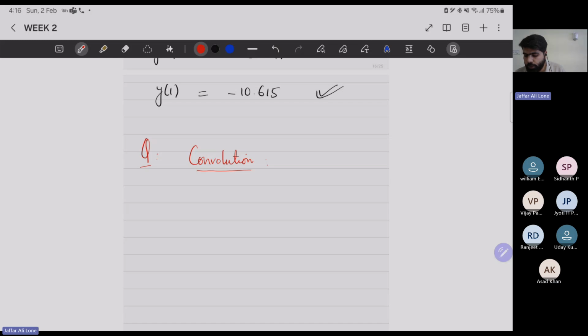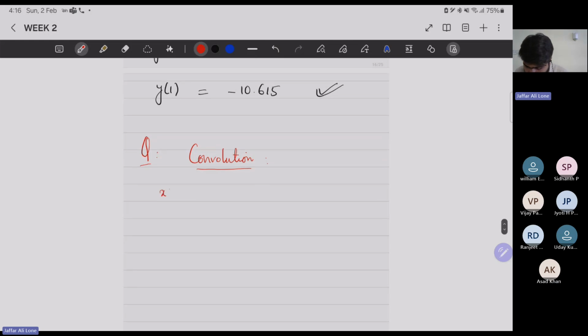It measures the overlap of one signal as the other signal is shifted over it, right? But I'm not going into that. I'm just interested in the property of this convolution when we take the Laplace transform.